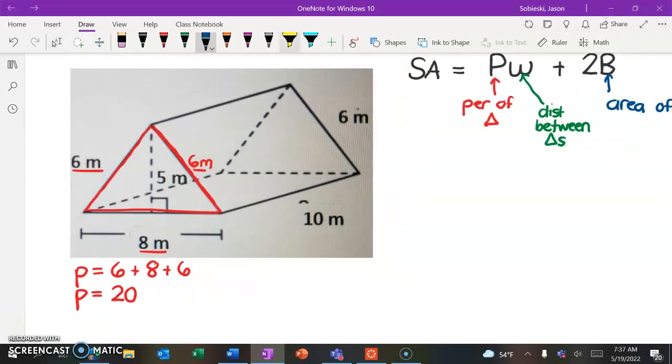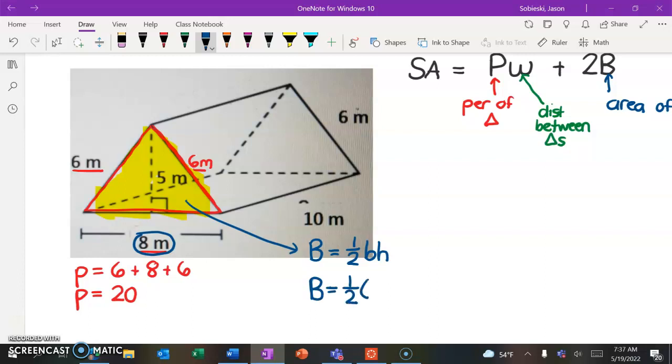The next thing that we're going to do is find the area of this yellow triangle outlined in red. If you recall, and I'm going to use the variable B since that's what's in our equation, the area of the triangle is going to be equal to 1/2 base times height. Hopefully you recall using that formula. So you know that the base, the bottom of the triangle, has to be 8. So we're going to substitute that in for the lowercase b.